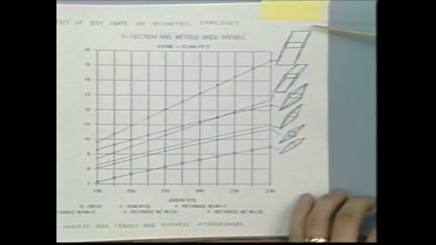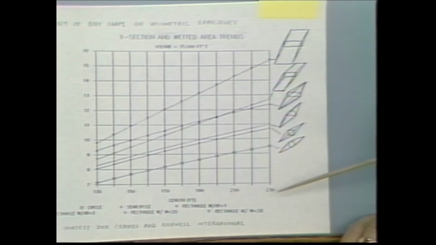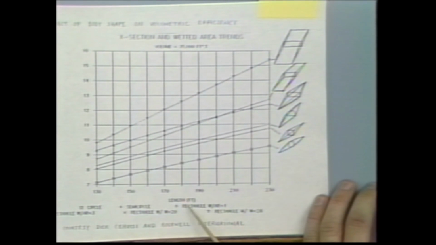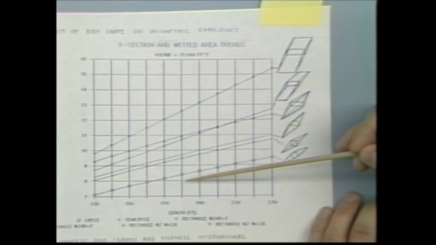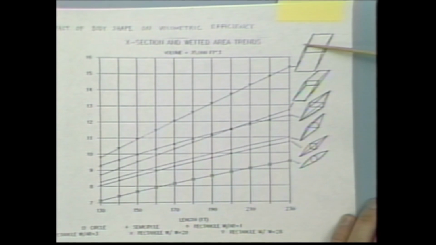Another aspect I mentioned was volumetric efficiency required for packaging that fuel. Here you see a plot courtesy of Dixer at Rockwell International of wetted area as a function of length of the vehicle. Look at any length, it doesn't really matter. What you see is a progression of wetted area that increases as these shapes change here, and that's volumetric efficiency.